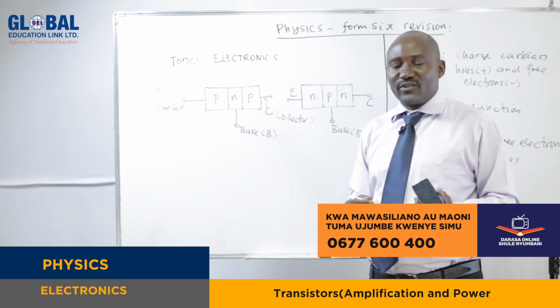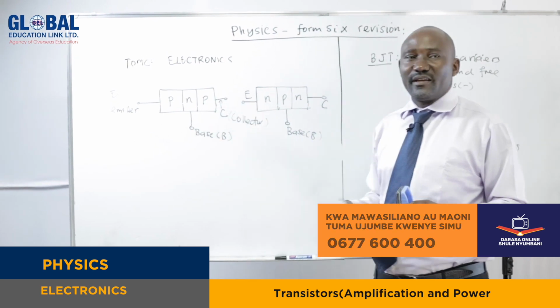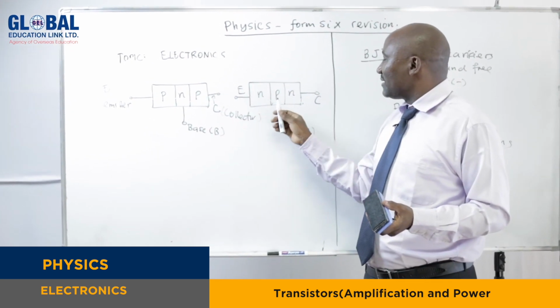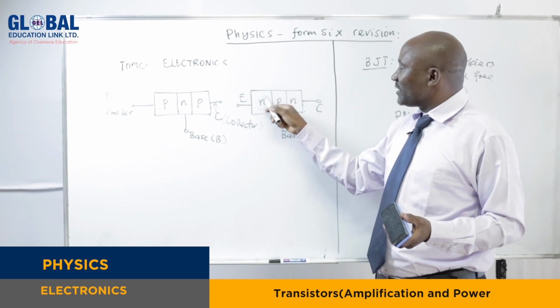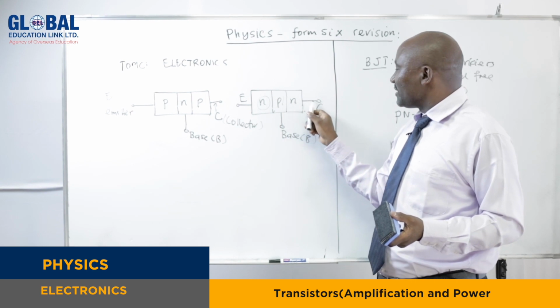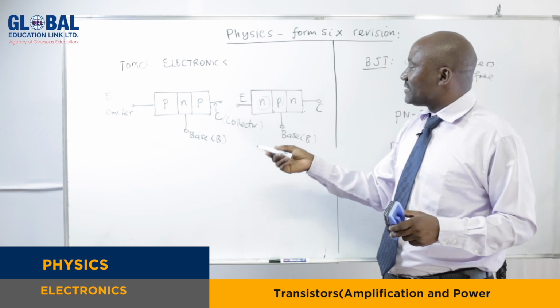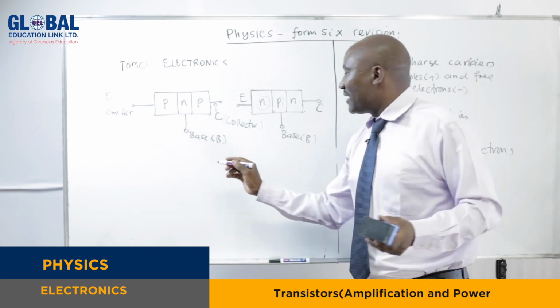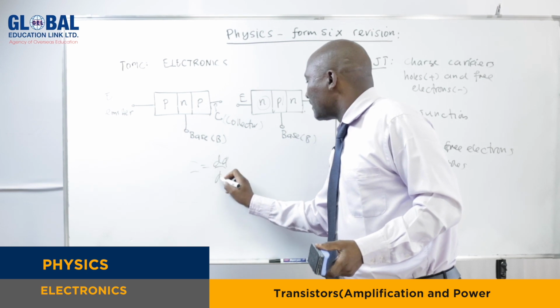So the aim here is to make sure that small changes on one side produce high changes on the other side. The same applies here with electrons. If most of the electrons emitted here combine here, it means the current produced here is very small. We know that when charges flow, we have current. So the current is the rate of flow of charge.